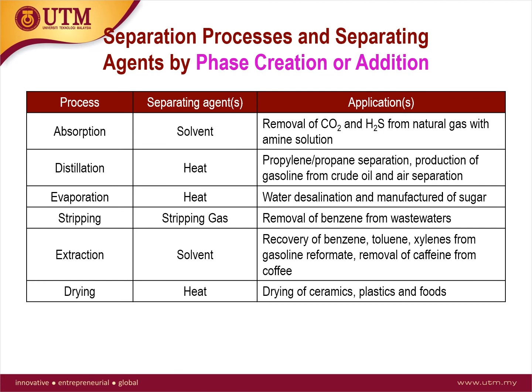The first one is the absorption process. It uses solvent as the mass separating agent, or MSA, so this is categorized under phase addition. For example, removal of CO2 and H2S from natural gas with amine solution.